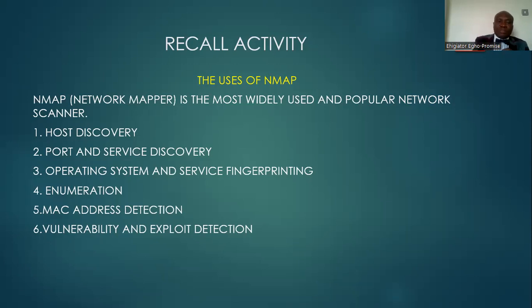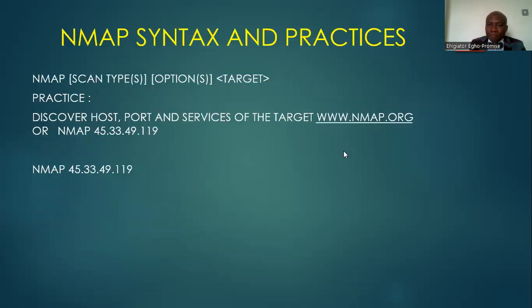That means to get more information about the operating system and services. Enumeration, that is probing to get more information about a particular target. It's also used for MAC address detection, vulnerability, and exploit detection. So these are the uses of Nmap.